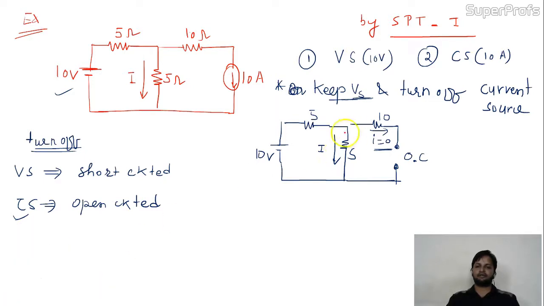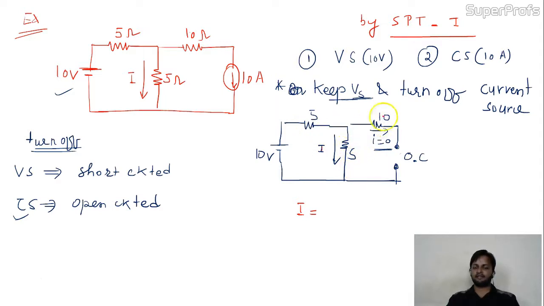Now come here. Can I get the value of this I? Yes. By KCL or Ohm's law, KVL, whatever you want, simply I'll apply. The 5 and 5 are connected in series. This branch is open, so there is no branch. So that's why 5 and 5 are in series. Is it okay with you people?